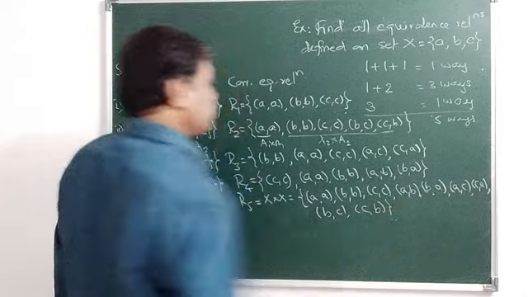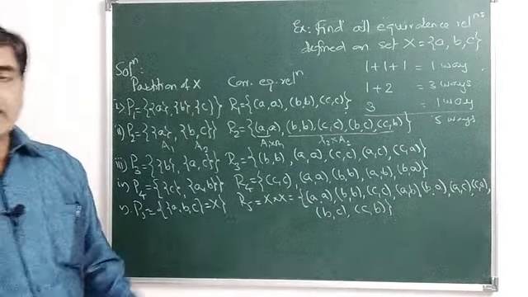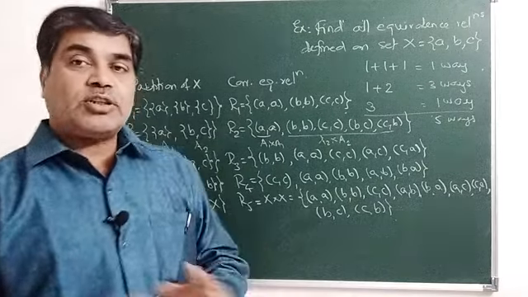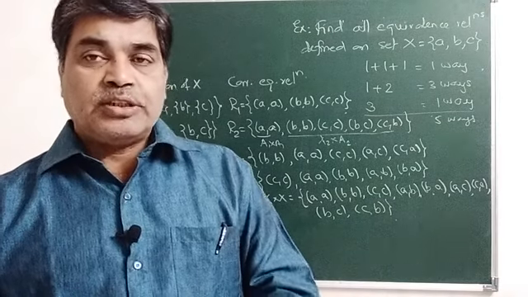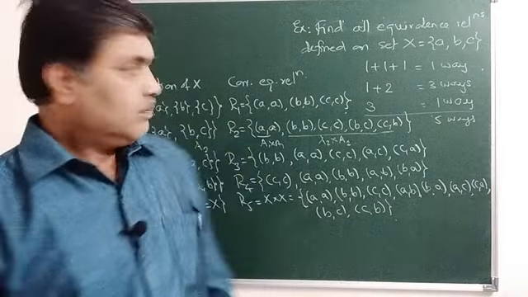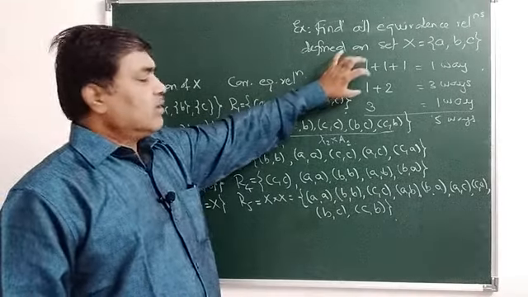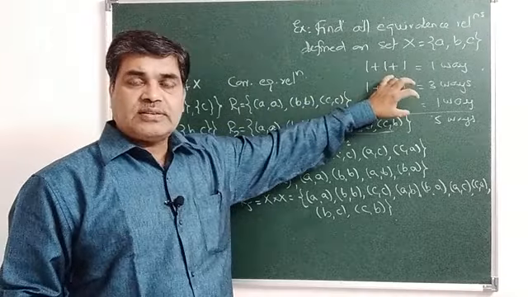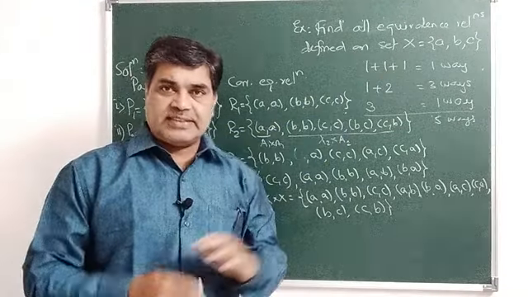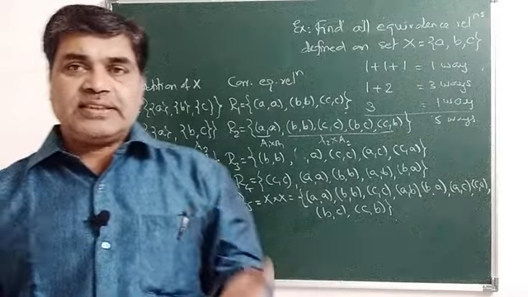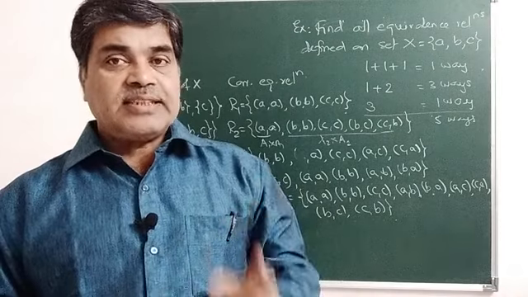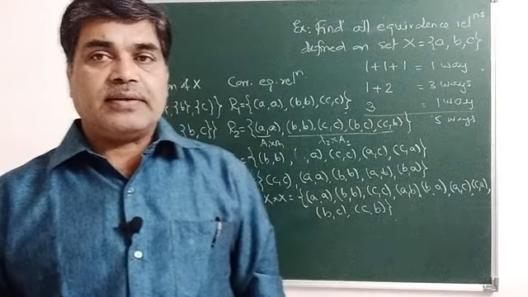These 9 pairs will be there. X contains 3 elements, so X cross X contains 3 into 3 is equal to 9 pairs. So there are precisely 5 partitions defined for a 3 element set. So there exist precisely 5 equivalence relations defined on it.